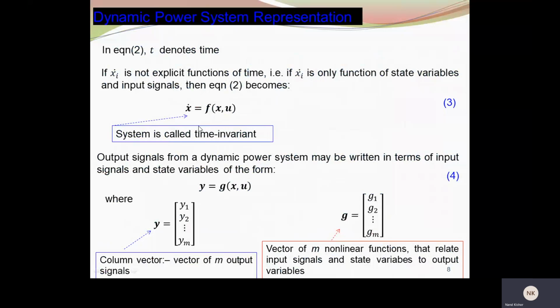This equation 3 is referred to as time invariant, so you have the state equations represented as a function of state quantity and input quantity only.